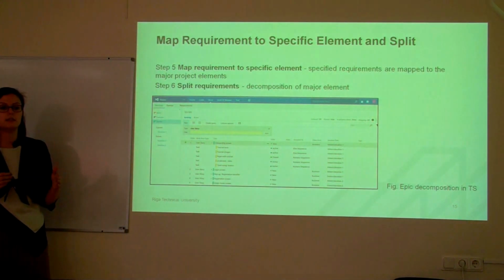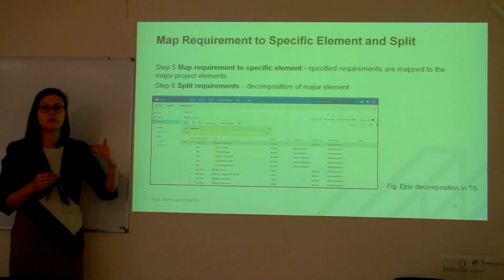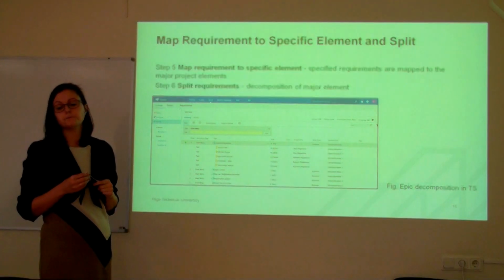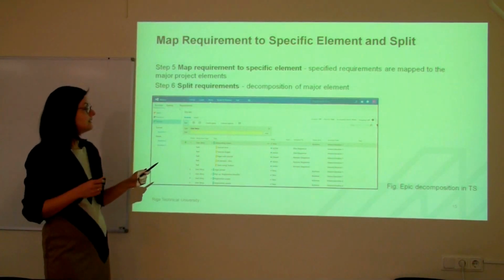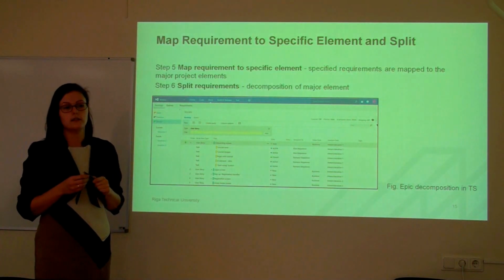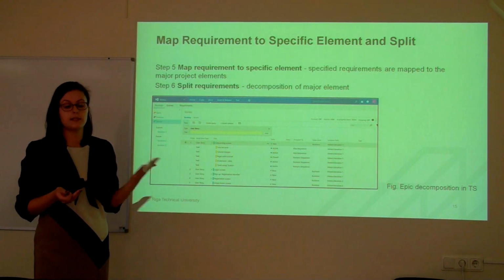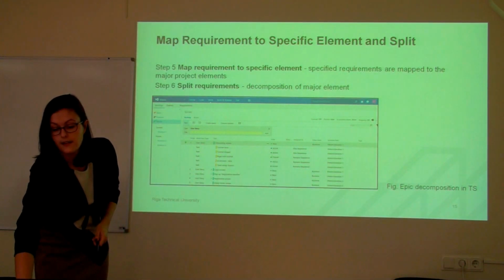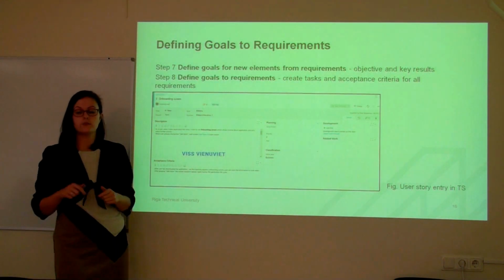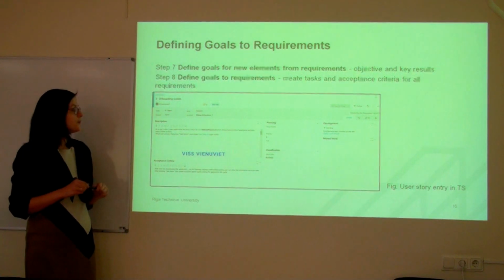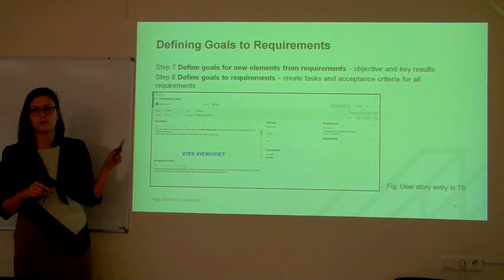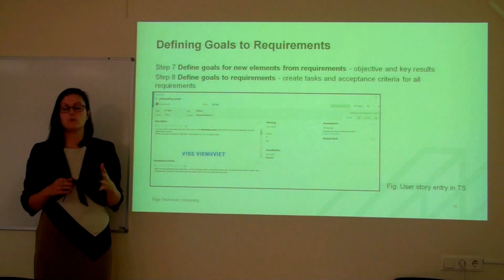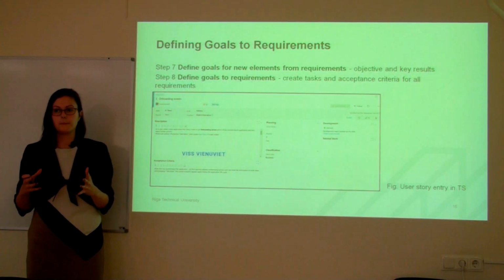This user story is linked to Epic, which is the upper side of these entries. And then I see that these user stories are not balanced well. I split the requirements and created more user stories. And then define goals for new elements from requirements. For each user story, I defined objective and key results.